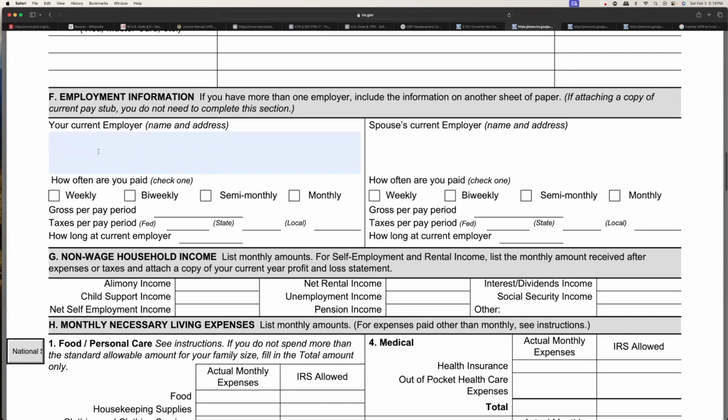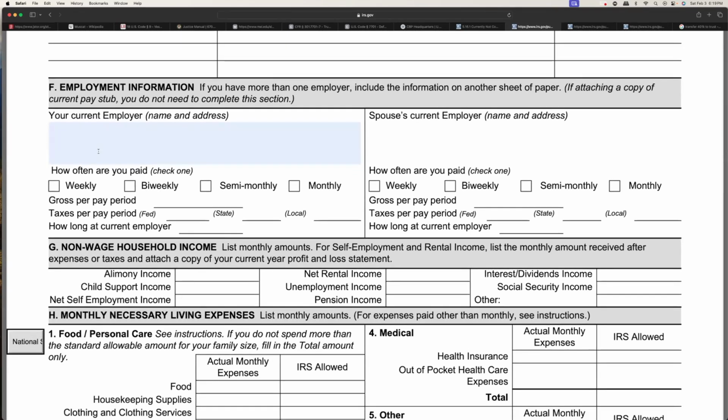What about the employment, your employer? Should you put that information down? Well, at the very top, we just said a different country, right? That's your place of residence. Go ahead and put the employer's information here, the name and their address. You do not need to check off any of these.